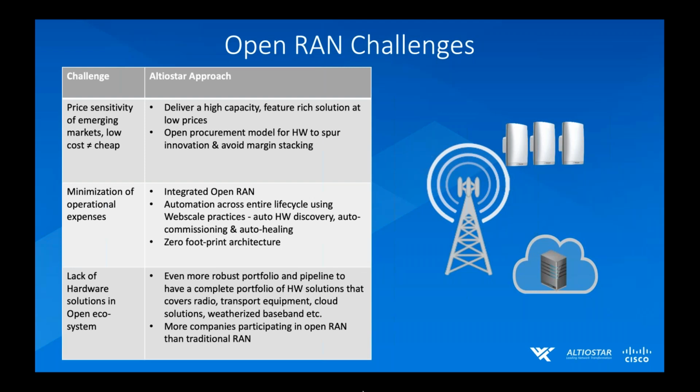And the robust portfolio comes from very well-reputed companies like Cisco and Intel and WWT to build this pipeline of hardware solutions, radio solutions, transport equipment, cloud solutions, baseband. So I would say that the portfolio, the roadmap that you will get out of Open RAN is going to be much larger than your traditional RAN networks.